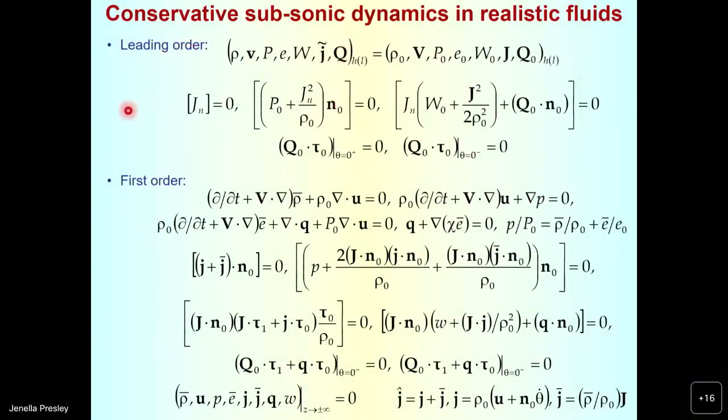We have our conditions for the heat flux, meaning that the heat flux is normal to the interface. The tangential component of this heat flux equals 0. And we have these equations for the first order: the conservation of mass, the conservation of momentum, and the perturbation of the heat flux condition all come here.